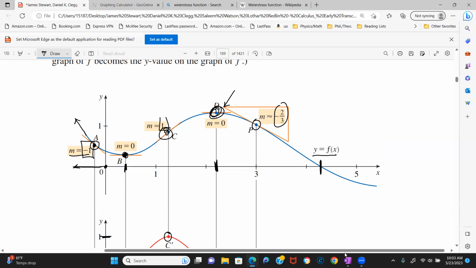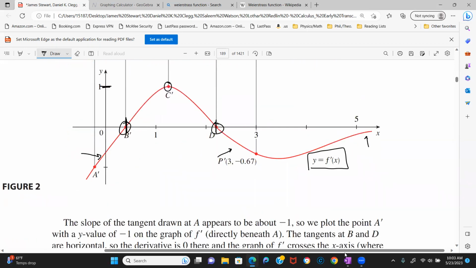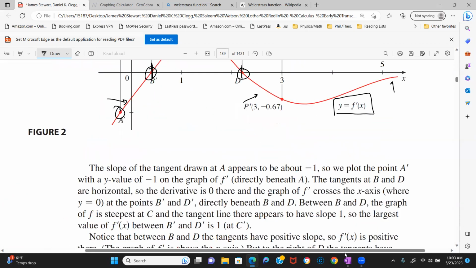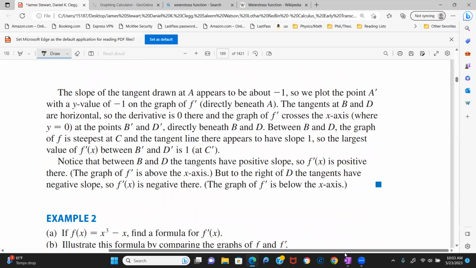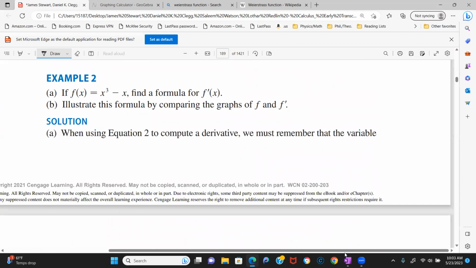In most cases, you won't know exactly what these slopes are unless you're given the function and you can take the derivative. But you can just say, oh yeah, right here at A, the line is angled down, so that has to have a negative slope. So it's got to be below the x-axis at A, and it is. So that's a qualitative way of working out the derivative.